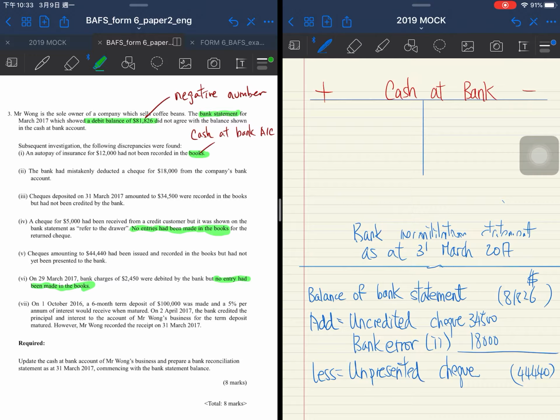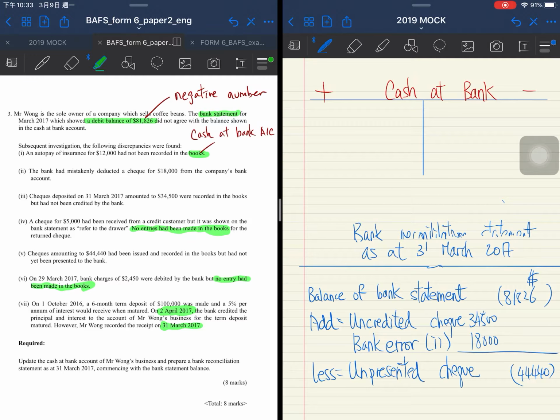However, Mr. Wong recorded the receipt on 31st March 2017. It tells us that actually we should do it on April 2nd, 2017, but we did it earlier, in March, so we have to adjust it in the cash at bank account. So let's do the calculation.